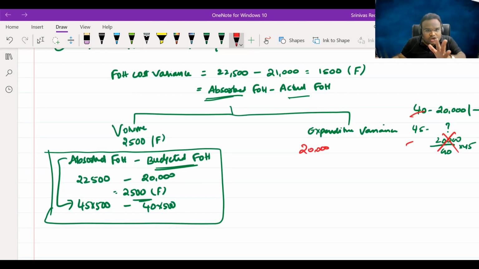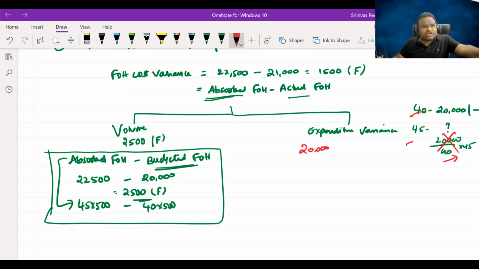Sir, fixed cost will not change with the change in the production quantity. Whether it is in terms of material, labor, or variable overheads, yes, this calculation comes correct, because those are variable in nature.